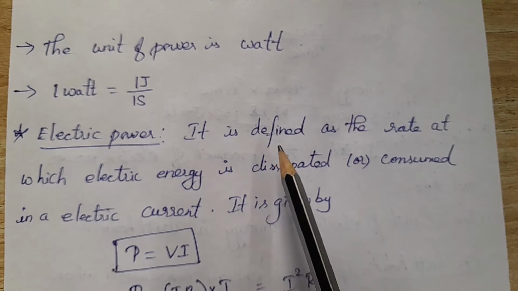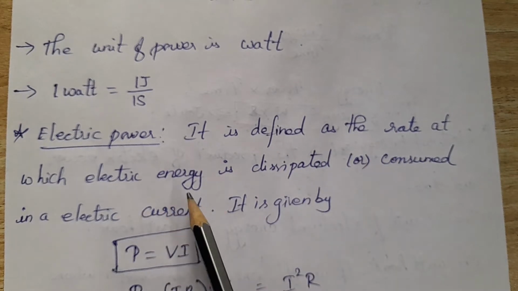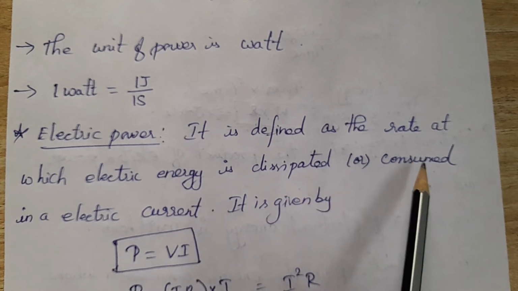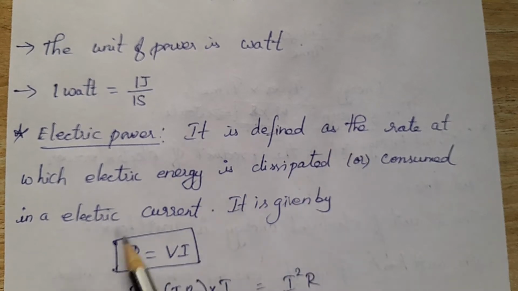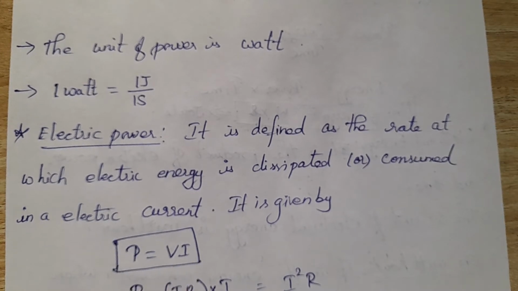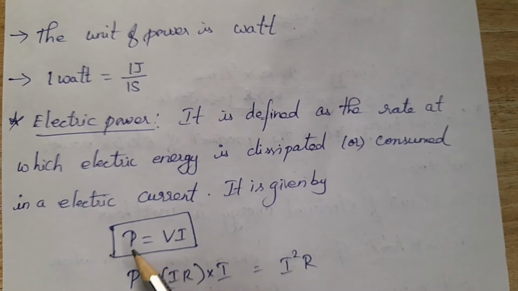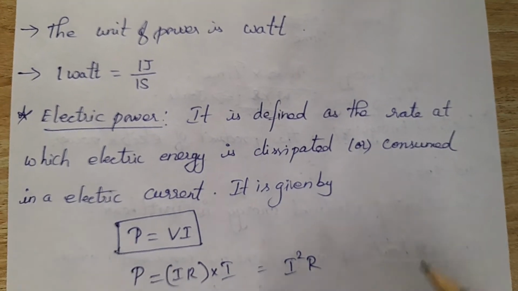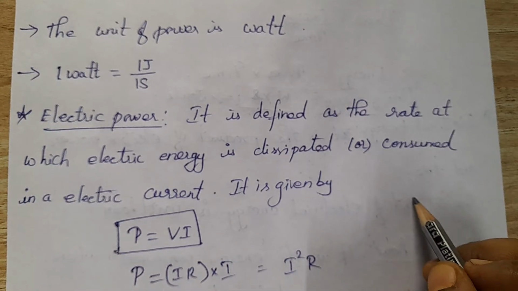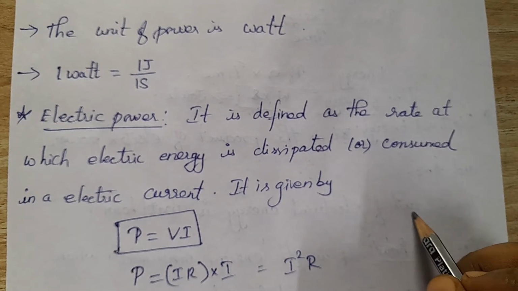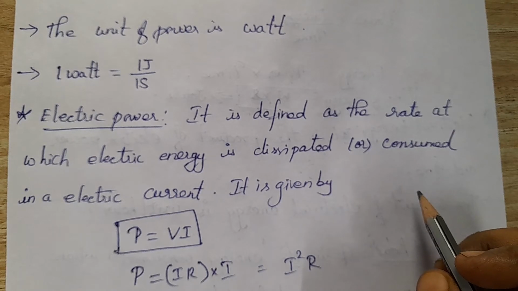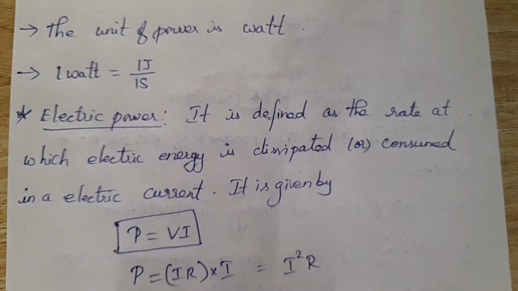It is given by P equals V into I. How much energy is dissipated depends on the potential difference created. The potential difference gives how much energy is carried by each coulomb, right?